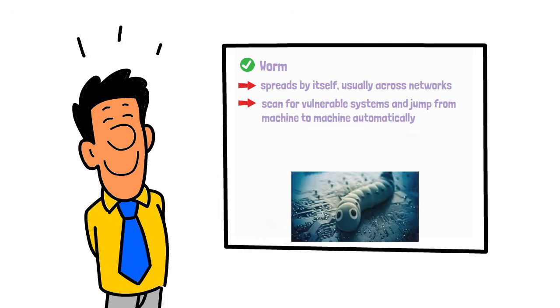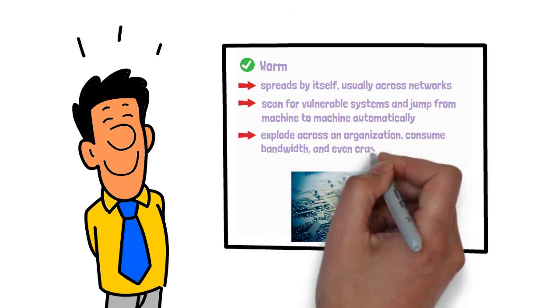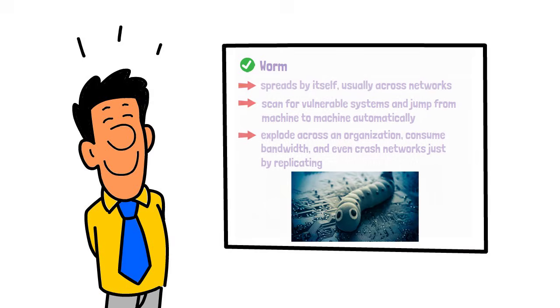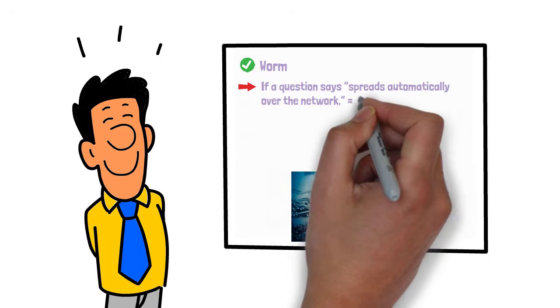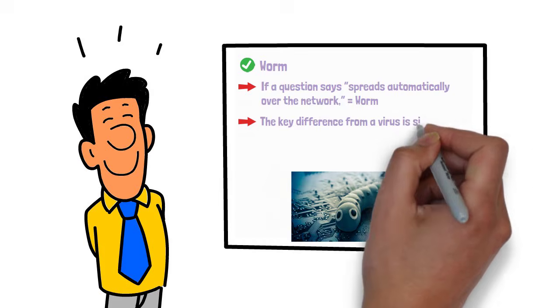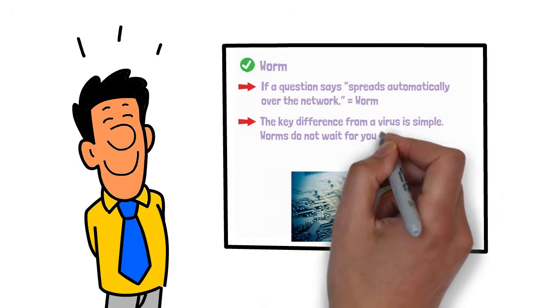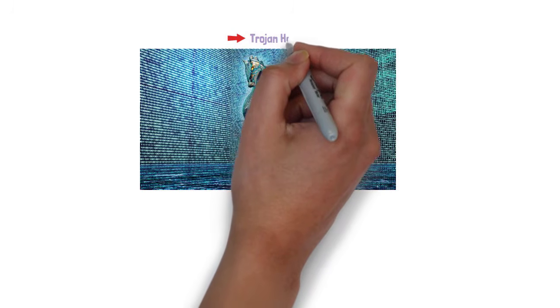That is why worms can explode across an organization, consume bandwidth, and even crash networks just by replicating. If a question says, spreads automatically over the network, your brain should point to worm. The key difference from a virus is simple. Worms do not wait for you to click. Worms spread automatically.